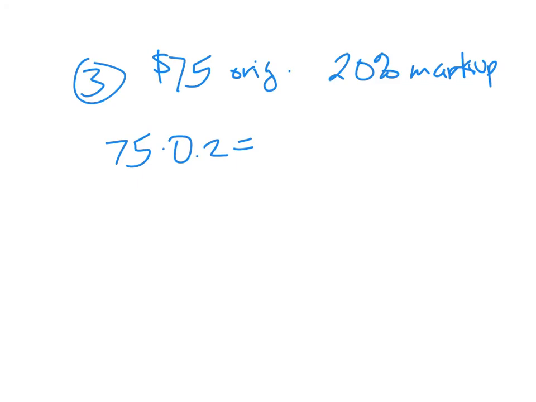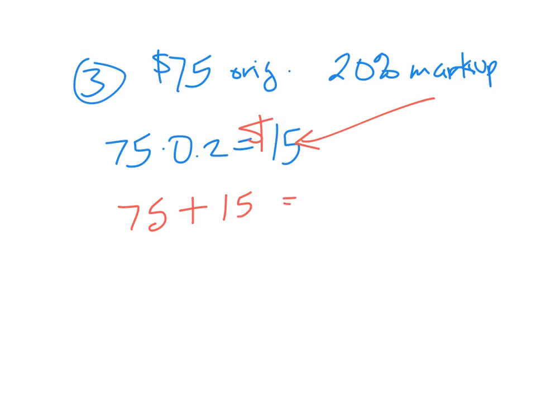So 75 times 0.2 is 15. So that's the markup, $15, but we need to add it because it's asking us what's the selling price. So we're going to say 75 plus 15 equals $90. So the price of this aquarium is $90. That's the selling price. If you ever decide to be an entrepreneur, this is how you mark up your products.